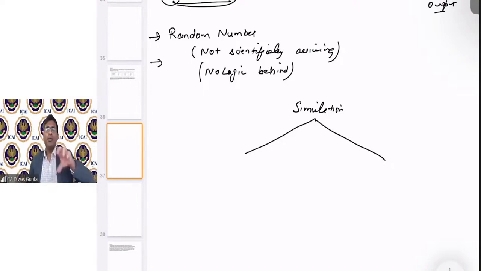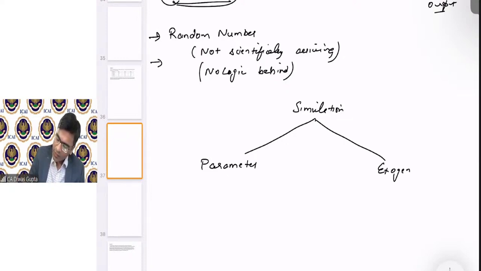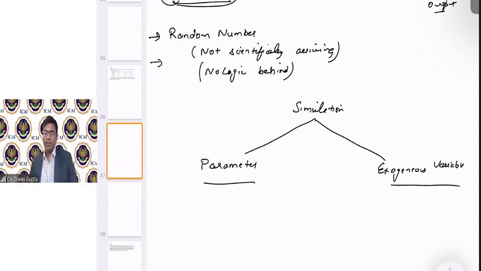But you try to understand the concept here. So one is parameter. The second one is exogenous variable. Please understand this, students.